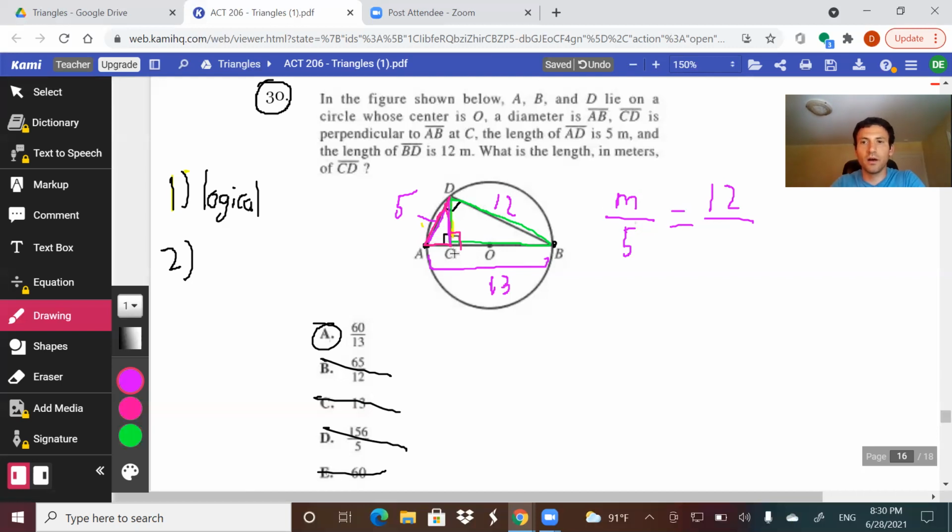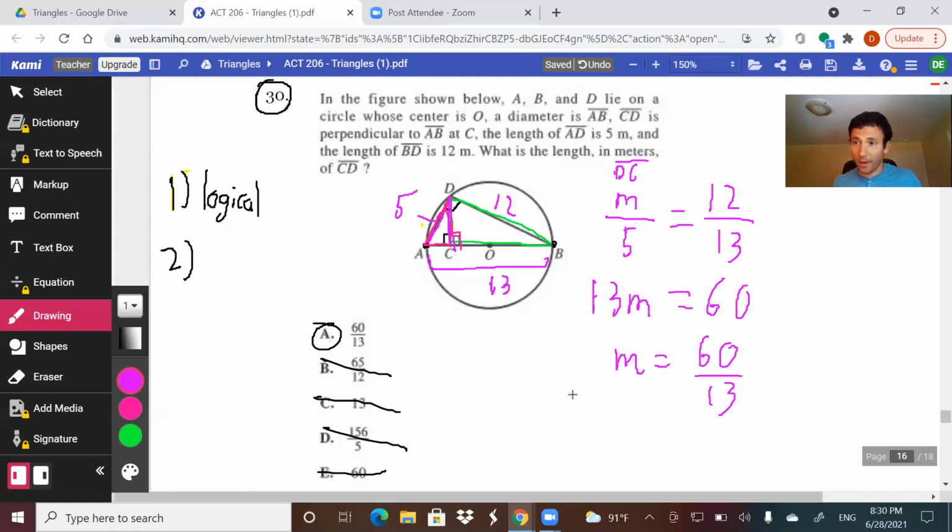And the hypotenuse on the big triangle is 13. We didn't need to use the Pythagorean theorem. We just need 5, 12, 13. So we have 13m when we cross multiply equals 60. So m, meaning the medium side, meaning DC here, right, this one, is going to be 60 divided by 13. So that's how you get it exactly.